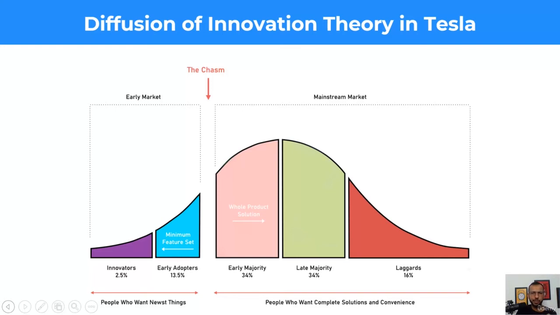But after 2010 to 2020, these three products, technologies, and ideas are now used in the mainstream market by normal people, so early majority, late majority, and laggards, because now these people have some validation, they are comfortable with the technology. And now they started using the technology, and now we all know that we all have iPhones, we all have Tesla, and we all have Facebook. So that's how your complete adoption will look for a new product, new technology, or new idea.